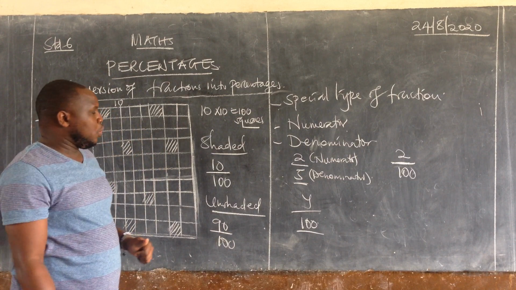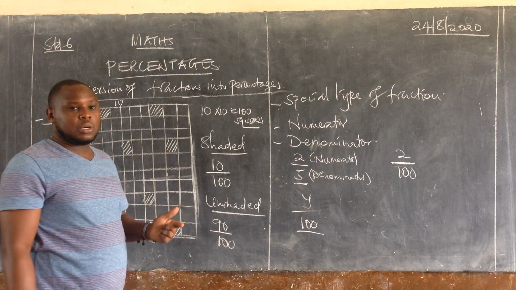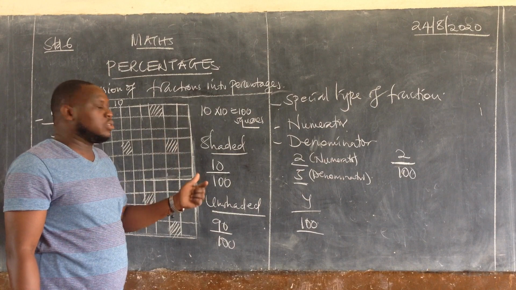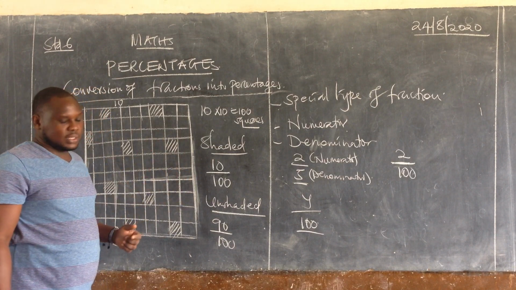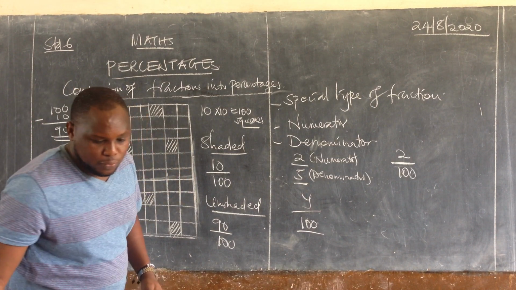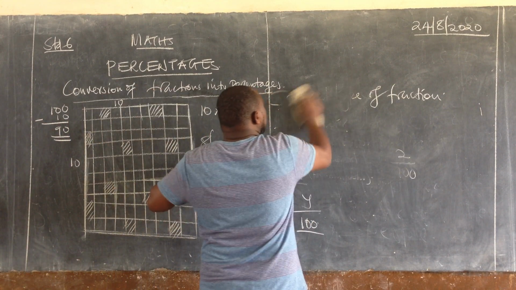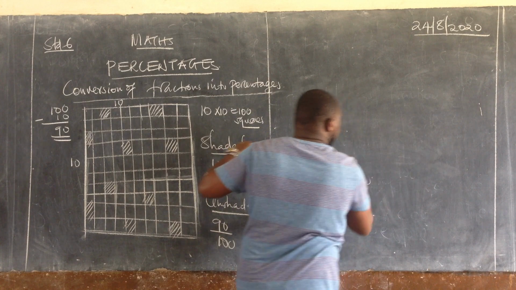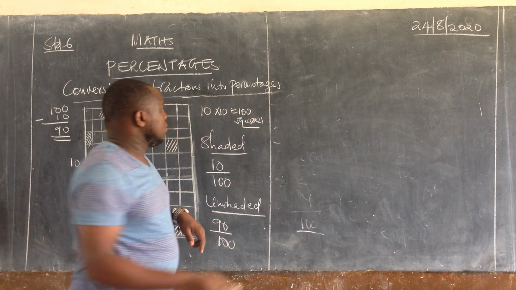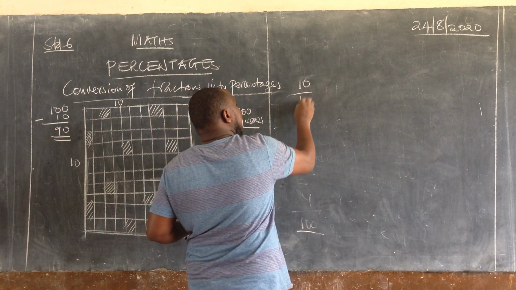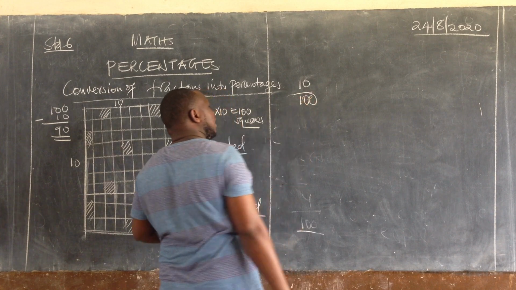Someone will come and ask you, what is the percentage of the shaded squares? So if you want to get the percentage of what is shaded, you simply say it is 10 out of 100 squares.